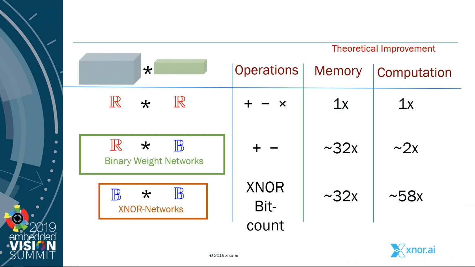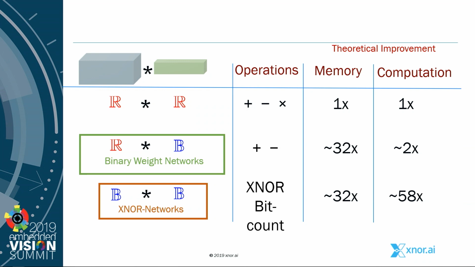Now, let's see what the different possibilities are for building a neural network using logical operations or binary operations. First, as I mentioned, the convolution is usually between an input tensor and a weight or parameter tensor in a network. So if we just binarize the parameters, it means that we don't need to do any multiplication operation. All we need is addition and subtraction.